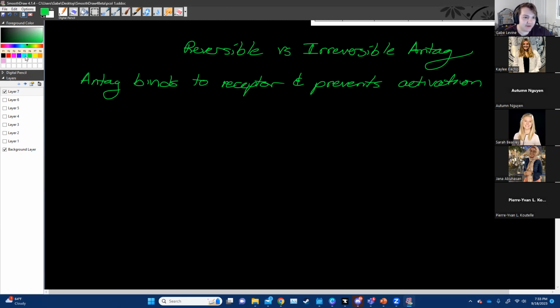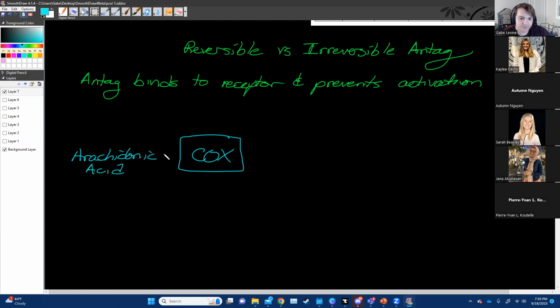I think the best way of explaining this is with an example. What we have to work with is the COX enzyme, which takes, I'm pretty sure, arachidonic acid. I'd have to double check. It converts arachidonic acid into prostaglandins, which are pro-inflammatory molecules.